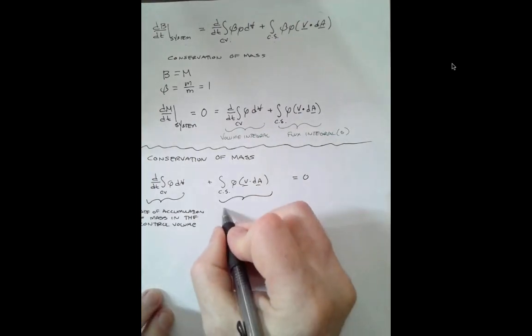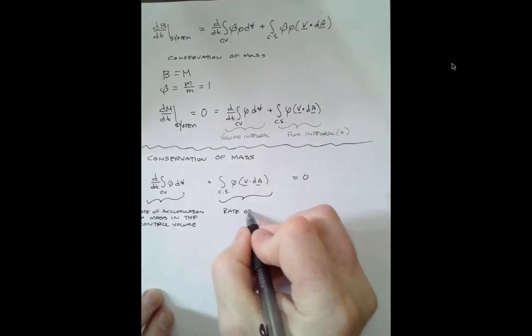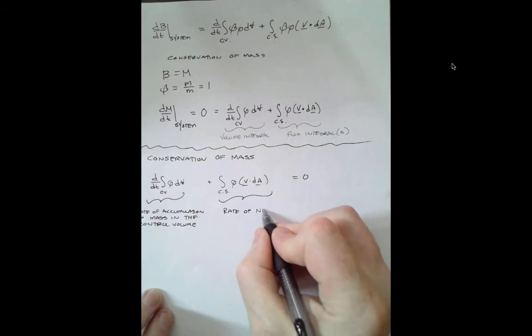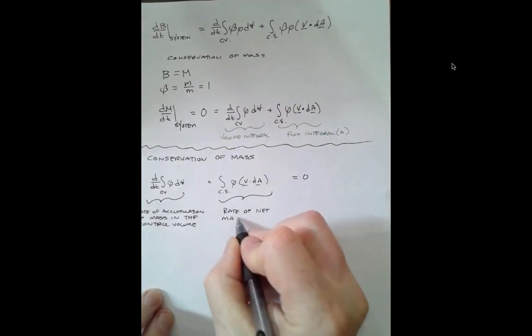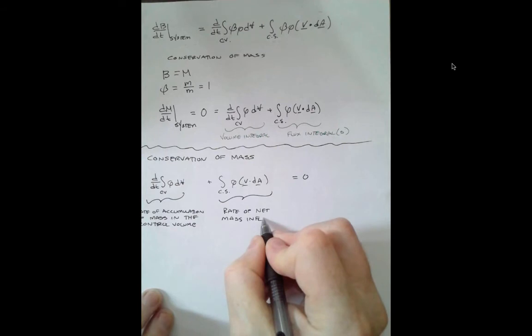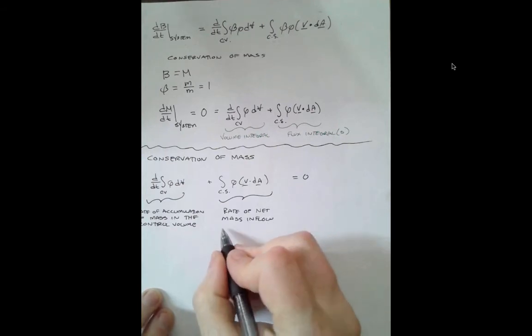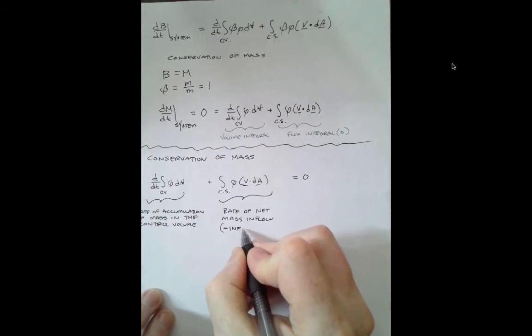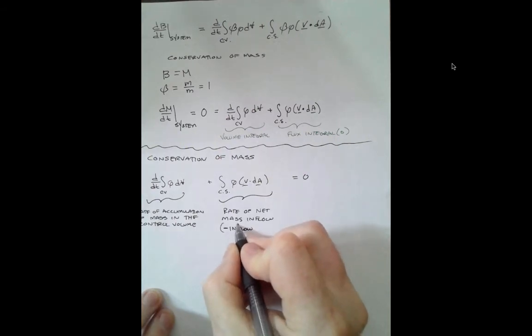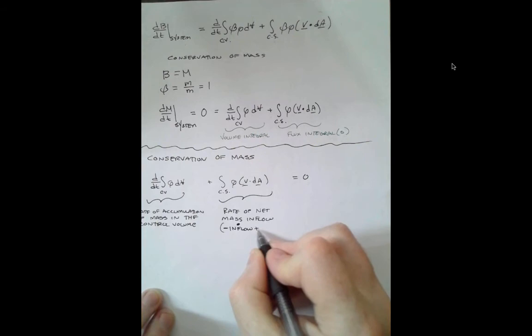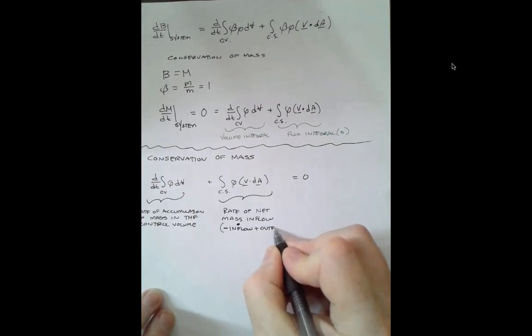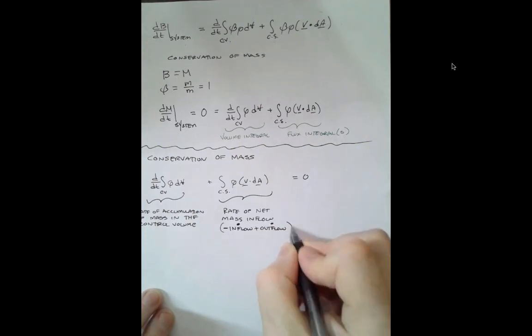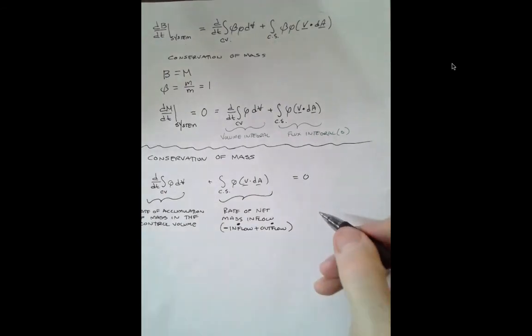This is the rate of net mass inflow. Another way to represent it is net flow. It's minus inflow as a rate plus outflow as a rate. And then everything is equal to 0.